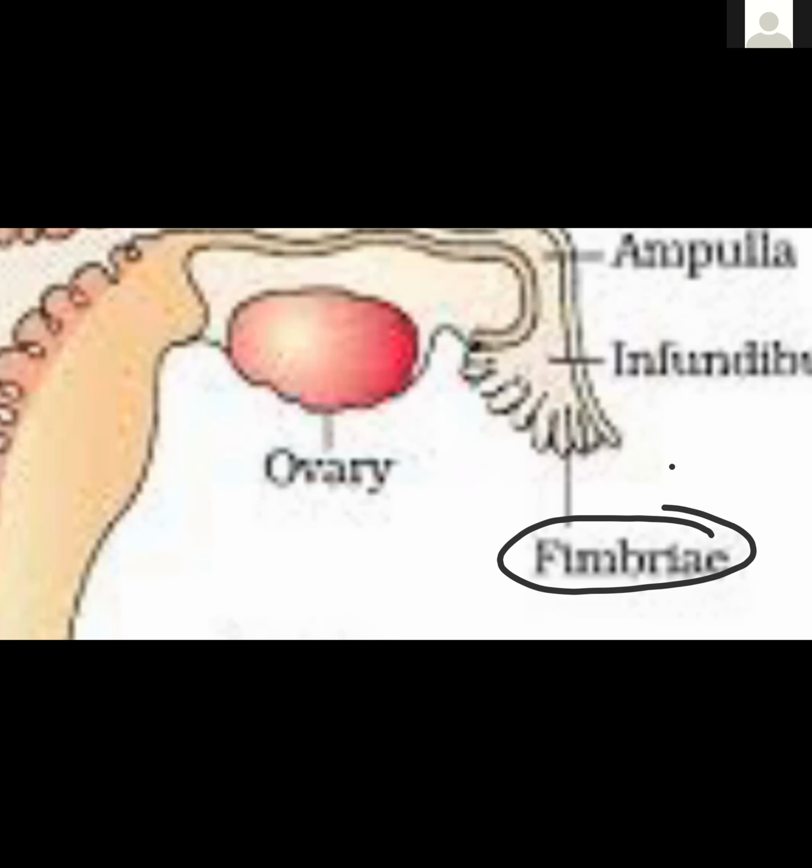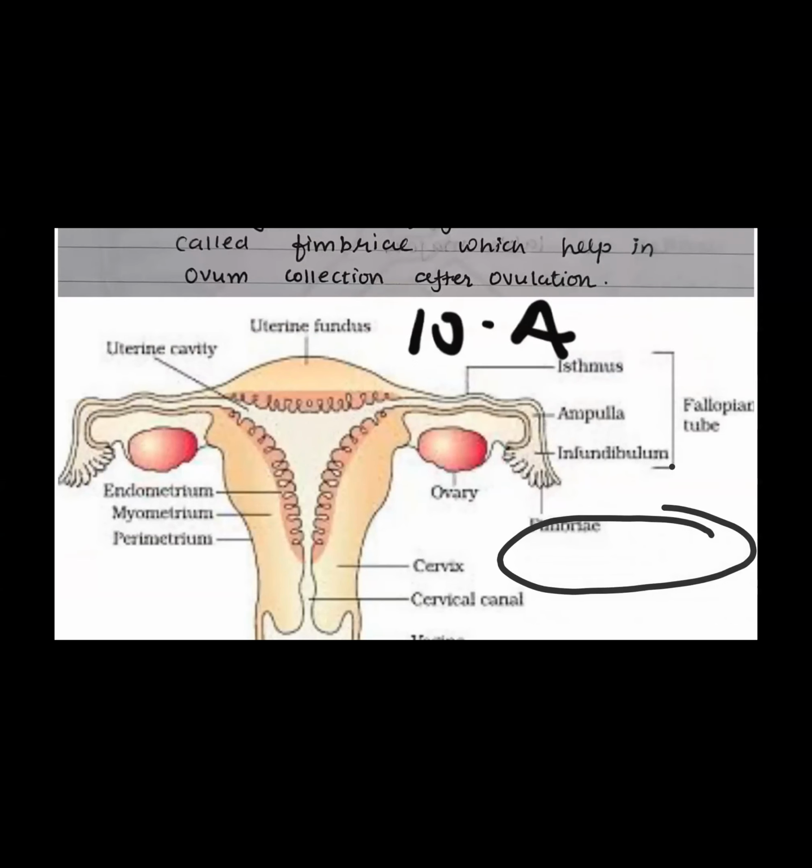After the lecture, I will be sending one video to you in the group. Please go through that video. It will have the information regarding the structure of the female reproductive system, particularly this ovary part and this oviduct part. There you will see how the ovum is released from an ovary and how the fimbriae are helpful in collecting that ovum and bringing it inside the infundibulum.